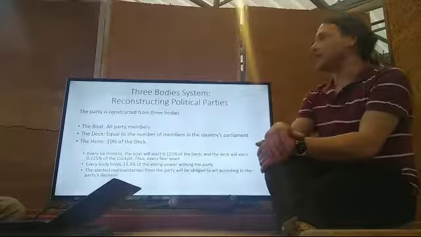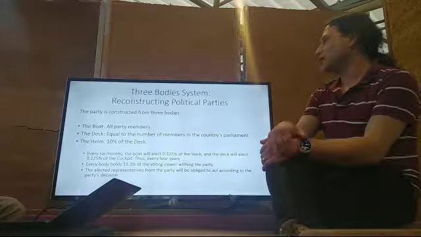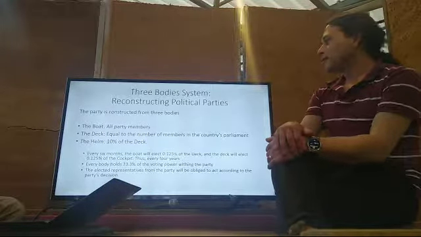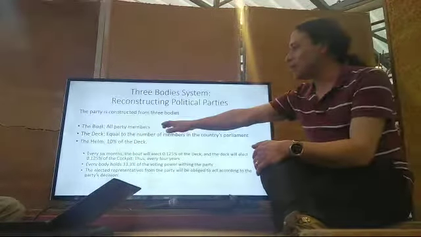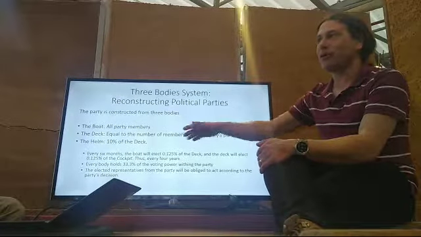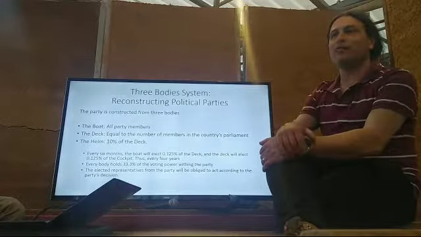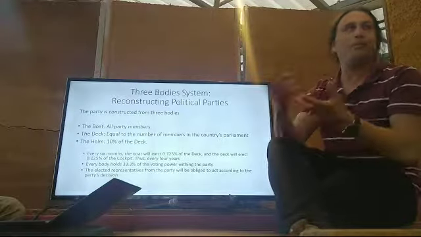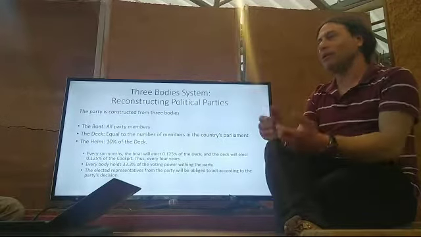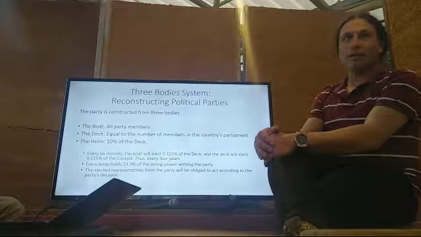So the idea was to reconstruct the pirate parties in a way that each party would have three bodies. One would include all the members of the party, everybody that sees itself as affiliated, that would be a member, has a username and password, and could use the system.